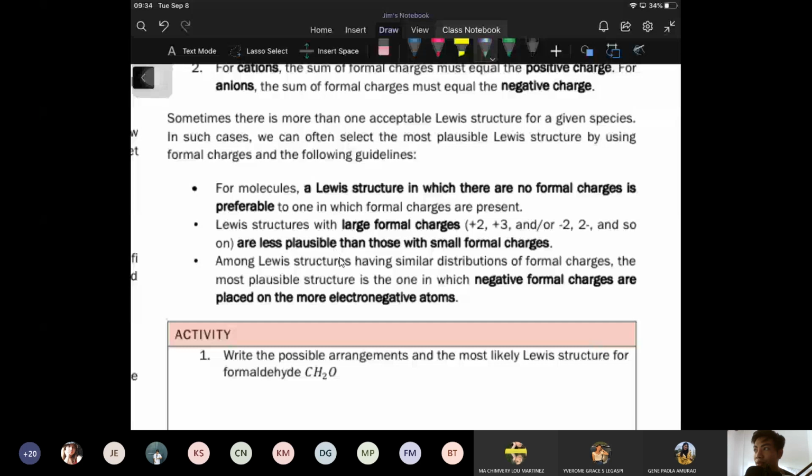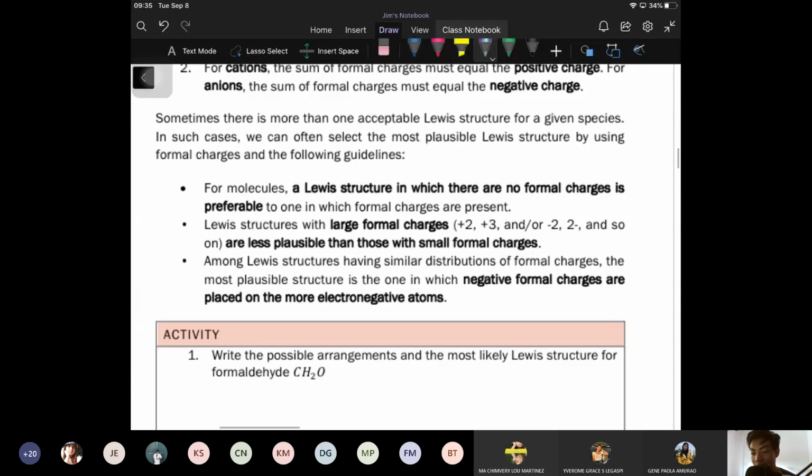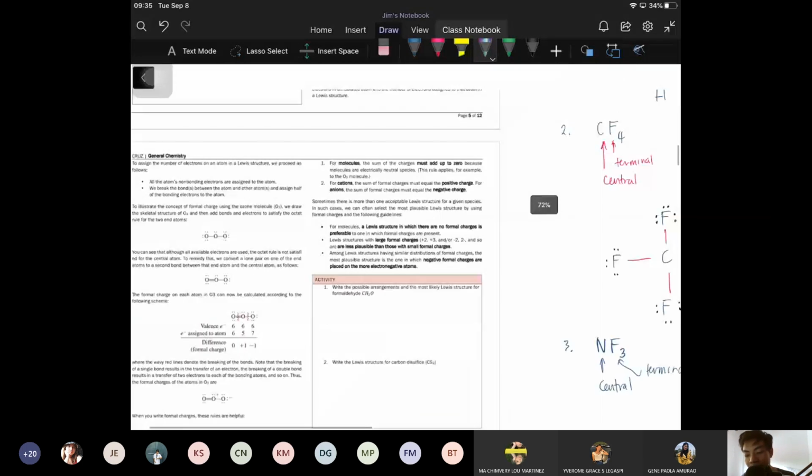Anything greater than that is questionable. Third rule: among the Lewis structures having the same distribution of formal charge, negative formal charges are placed on the more electronegative atom. That means if your atom is electronegative but its formal charge is positive, that is wrong.